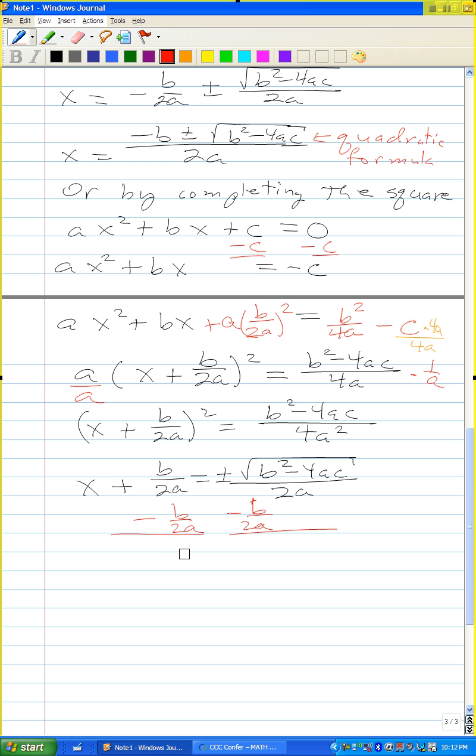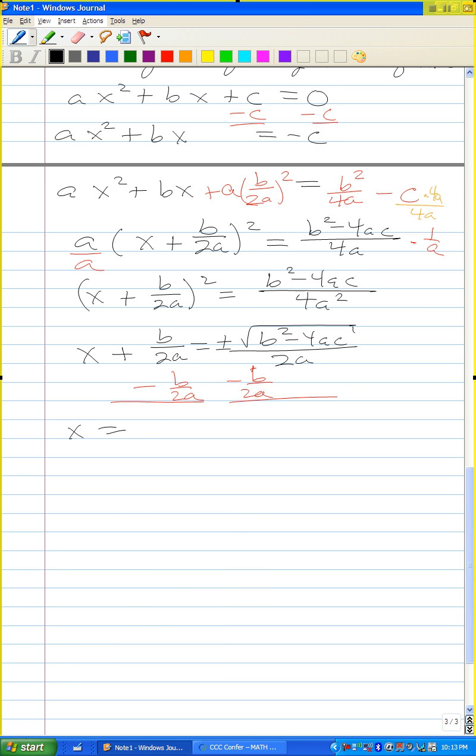And so you get that x is equal to negative b plus or minus the square root of b squared minus 4ac all over 2a. And so we get the same quadratic formula that we derived before.